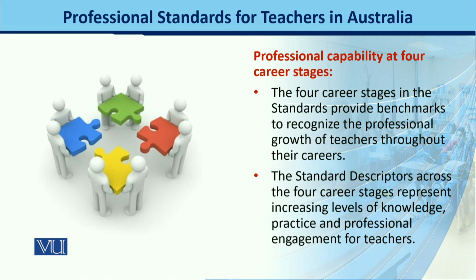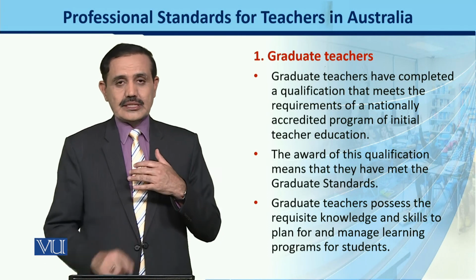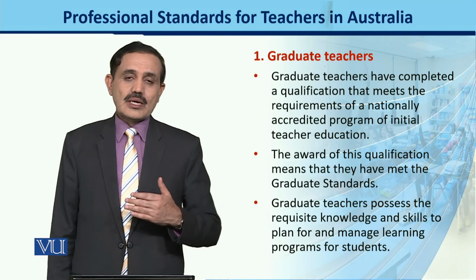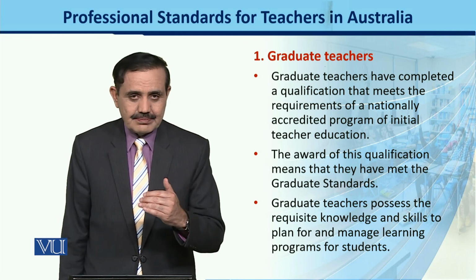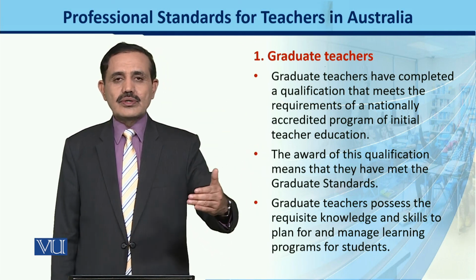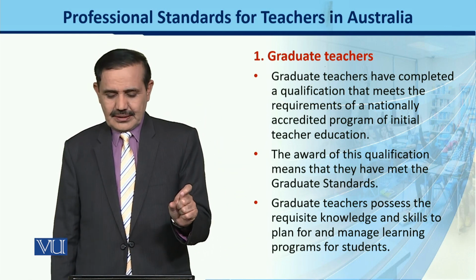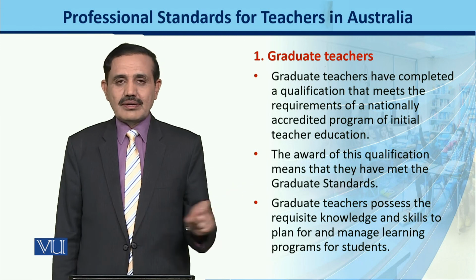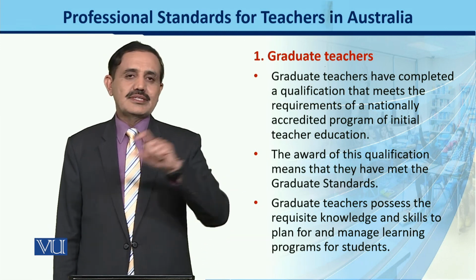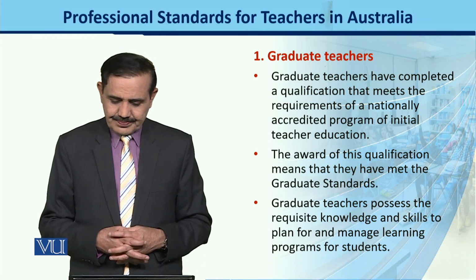Number 1 is graduate teachers. Level 1 is graduate teachers. Graduate teachers means one who got a bachelor degree in education and was then appointed in a school for teaching. The first level is called graduate teacher. It could be secondary school level, primary school level, or elementary school level.